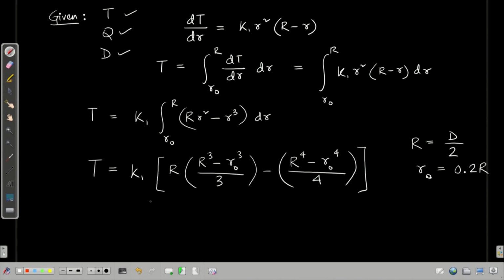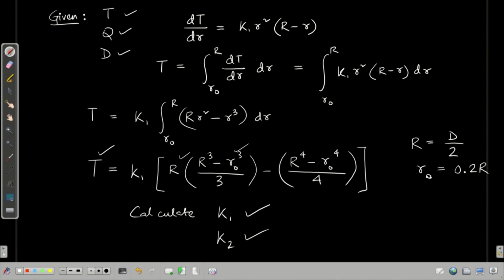Now, in this particular equation, T is known, R0 is known. So, we should be able to calculate K1. In a similar way, we can use the equation for torque depending on the same variation of dQ/dr on the propeller blade to calculate K2.